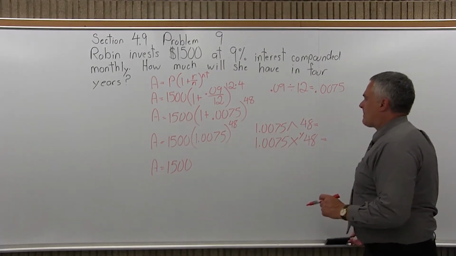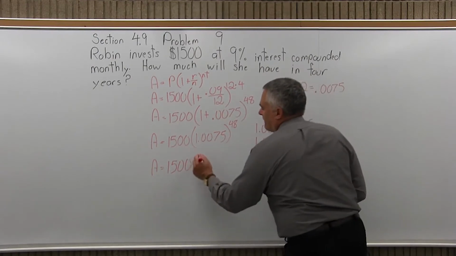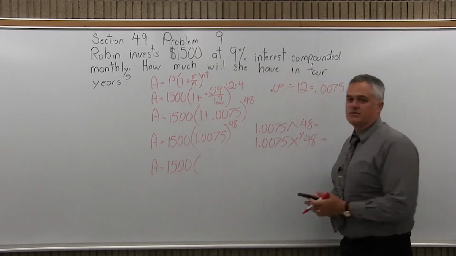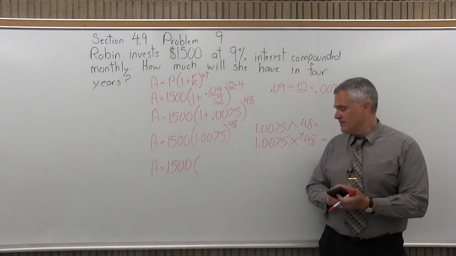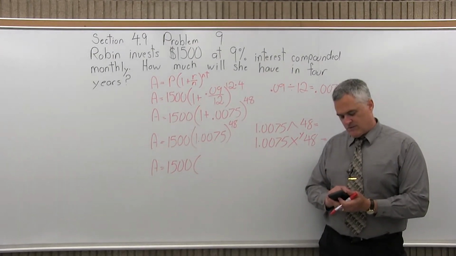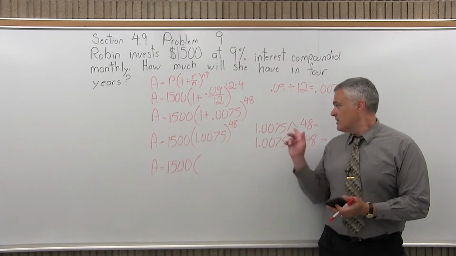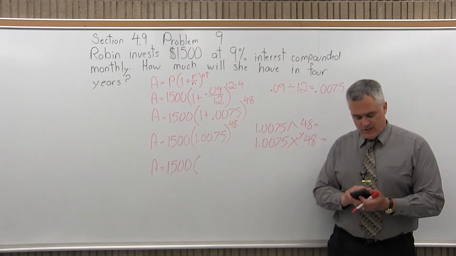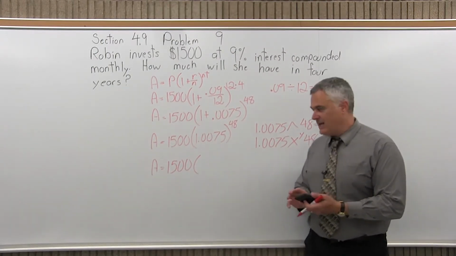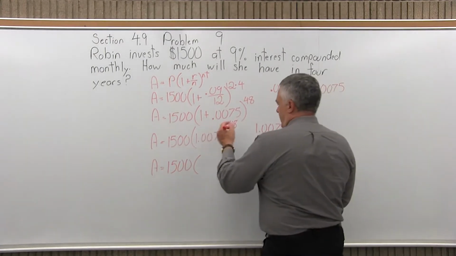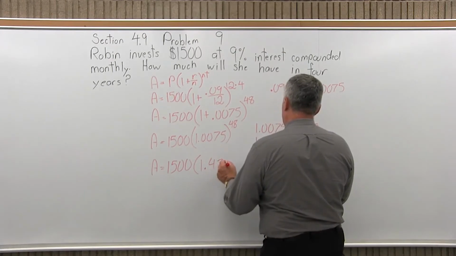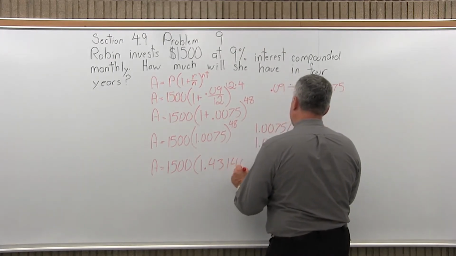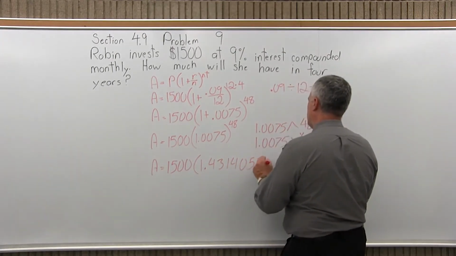So, whichever version you have, let's do that enormous exponent right now. So, clear the screen, make sure it's clear, put in the base, 1.0075, press the exponent button, one of those two, enter the exponent of 48, hit equals, and that huge exponent comes out to 1.43140533.